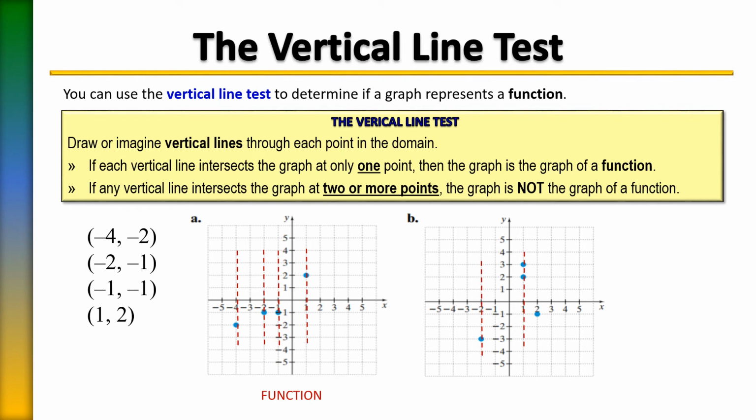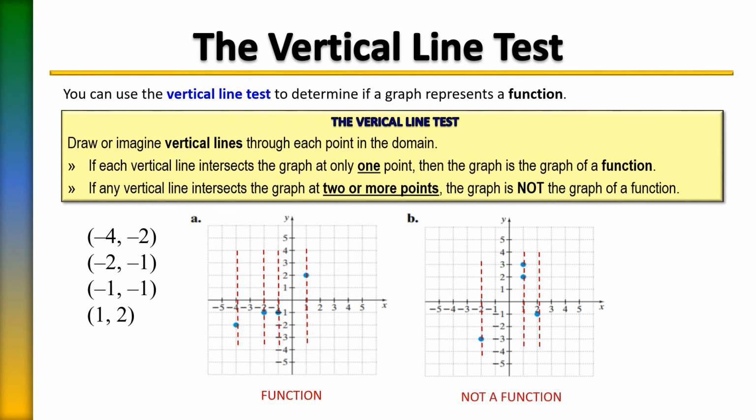It doesn't have to be 3 or 4 points. As soon as it intersects in more than one point, automatically it is not a function. I don't even need to draw that last vertical line. There's no need to, because it has intersected in more than one point. So the second example is not a function.